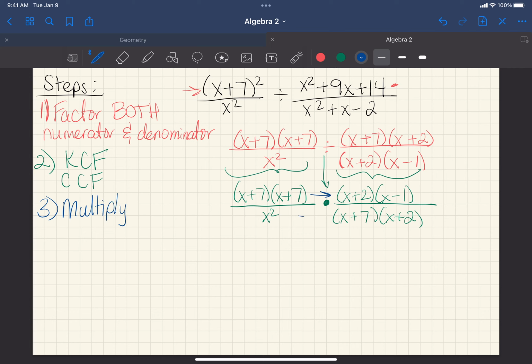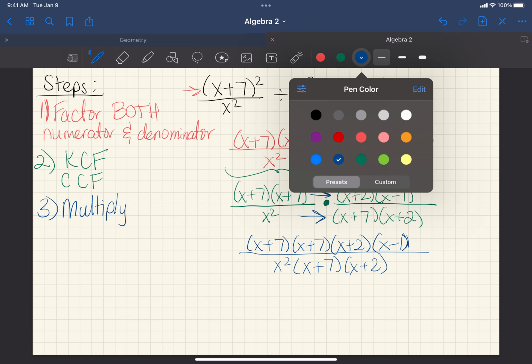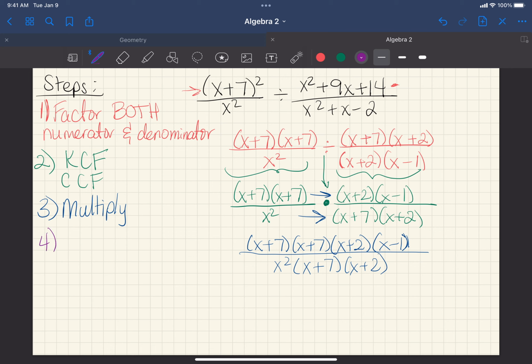So again, I multiply directly across, meaning I'm going to have an x plus 7, x plus 7, x plus 2, x minus 1, all over x squared, x plus 7, x plus 2. And again, my next step is to cancel the common factors. Oh no, this isn't my last step.